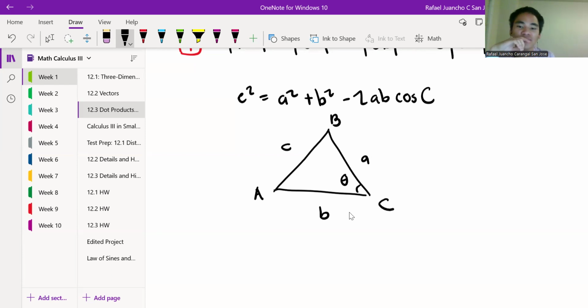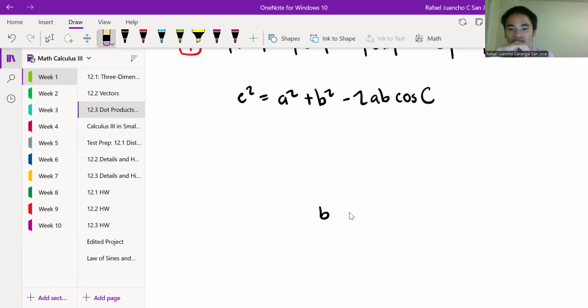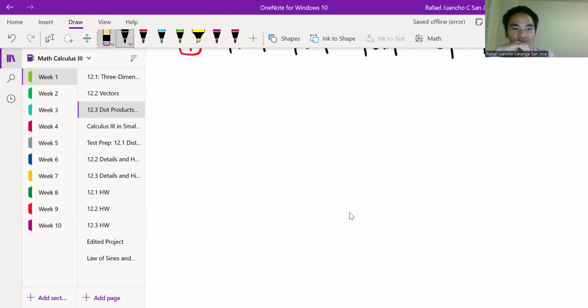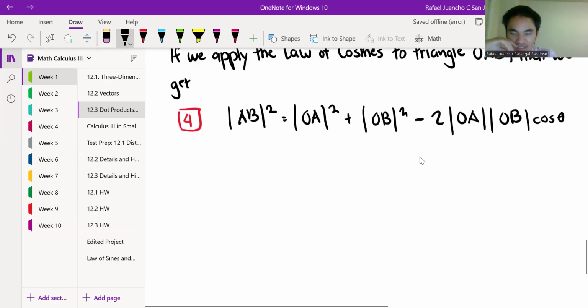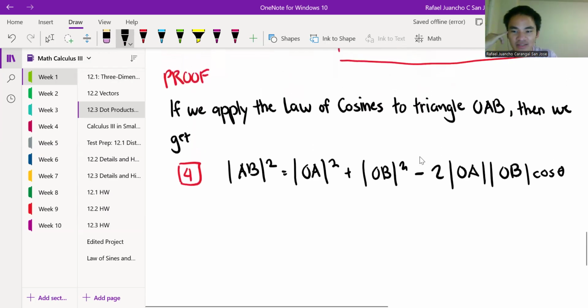But we're given what a and b are, and we're also given what c is. So that's that. Basically, the law of sines and law of cosines are used to find sides and angles of, to be honest, any triangle, as long as it's a triangle.